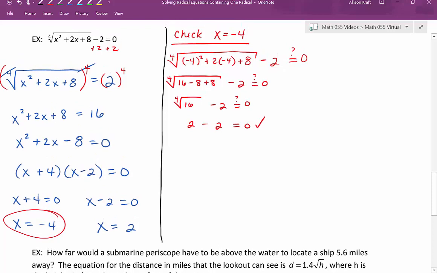Now we need to check our other one. Let's check x equals 2 in our original equation. Is the fourth root of 2 squared plus 2 times 2 plus 8 minus 2 equal to 0?